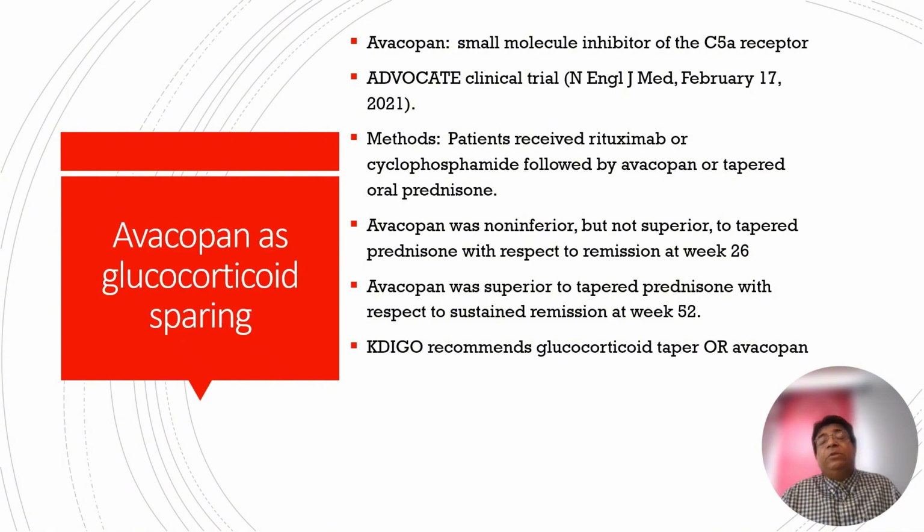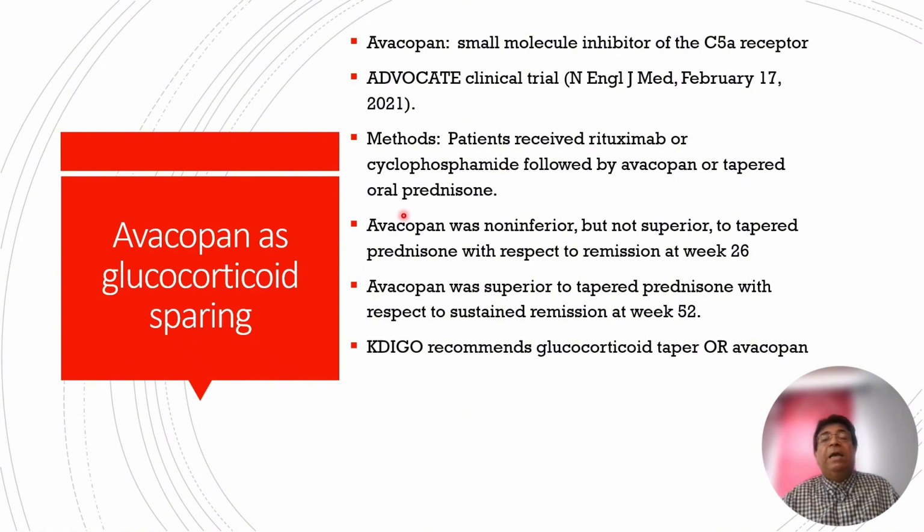And this is demonstrated by the fact that the small molecule inhibitor of the C5a receptor is non-inferior but not superior to tapered prednisone with respect to remission at week 26. So in the ADVOCATE clinical trial, which was published in the New England Journal of Medicine in February of 2021, patients received rituximab or cyclophosphamide followed by avacopan or tapered oral prednisone.